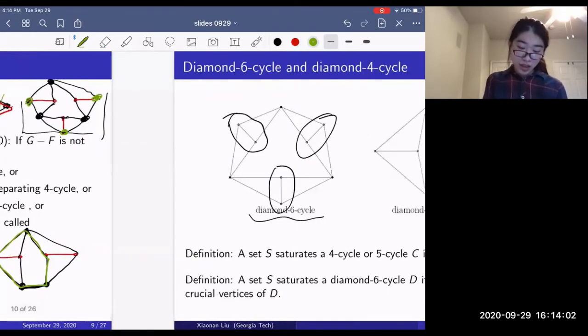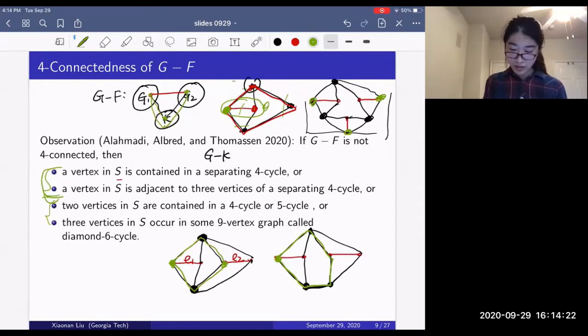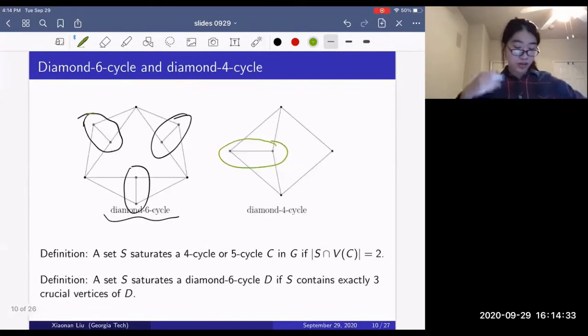We call these 6 vertices crucial vertices because they may contain some vertices in S. Also, we define the diamond 4-cycle here. It's actually the same as the first graph, because these two vertices can contain 1 vertex in S. So these 2 are called crucial vertices. This is used in our proof, but I'm not sure I will cover it here.